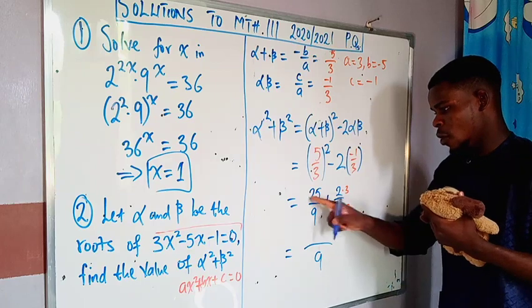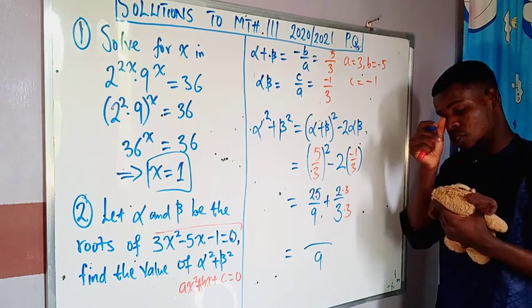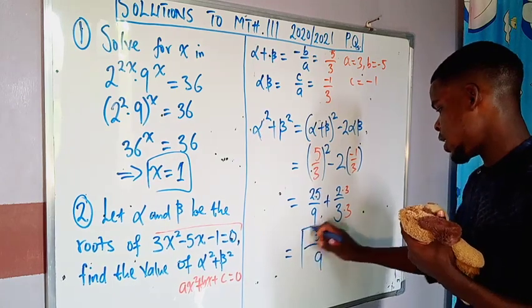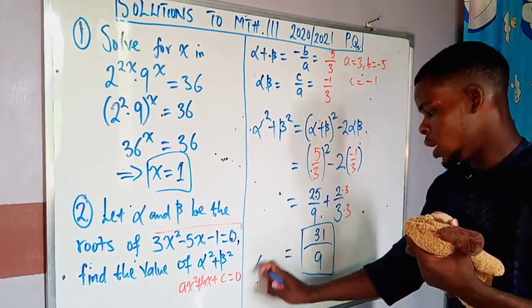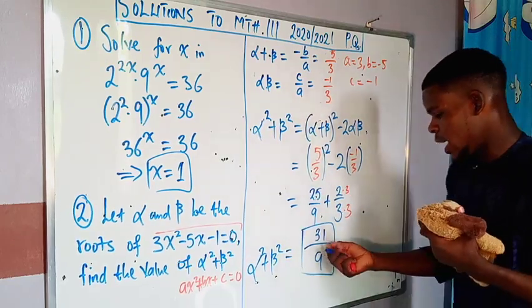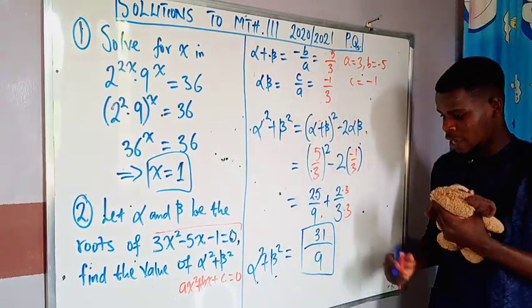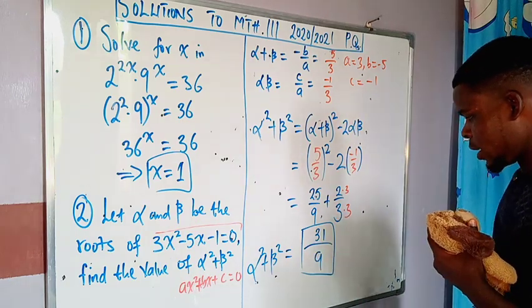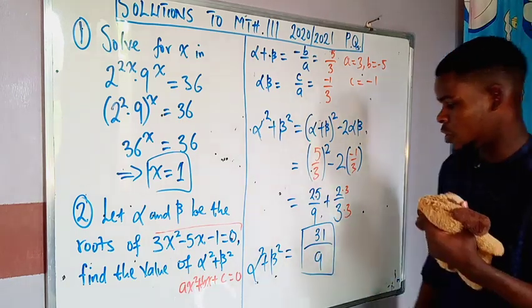Isn't that very nice? We have 25 plus, well, 2 times 3 is going to be 6. So 25 plus 6 will give us 31. So this right here can be called the sum of the square of alpha and beta, right? Or if you like, you can change this to its mixed fraction form, which will be 3 whole number 4 over 9. But in fact, I would just like to stop here for the second question.